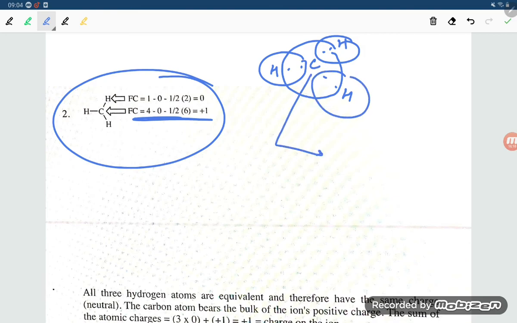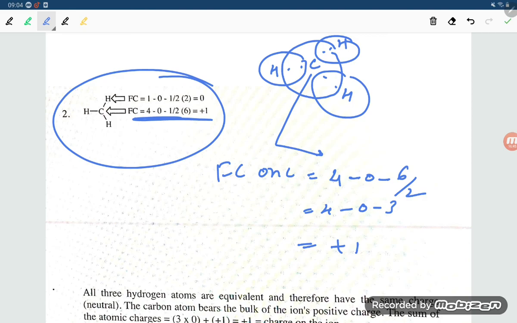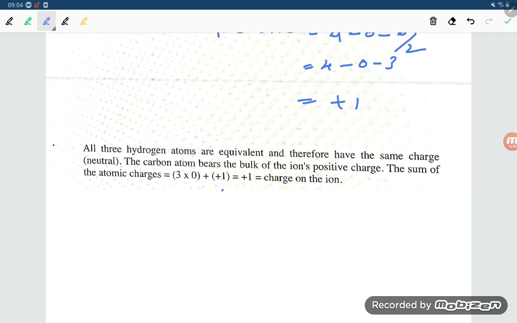FC on C: valence electrons, 4, minus non-bonded electrons, here they are not showing any, so that is 0. And bonded electrons, how many? Total bonded electrons 2, 4, 6, 6 by 2. So 4 minus 0 minus 3 is plus 1. So here you can see plus 1, hydrogen is 0. Like this you will be able to calculate.